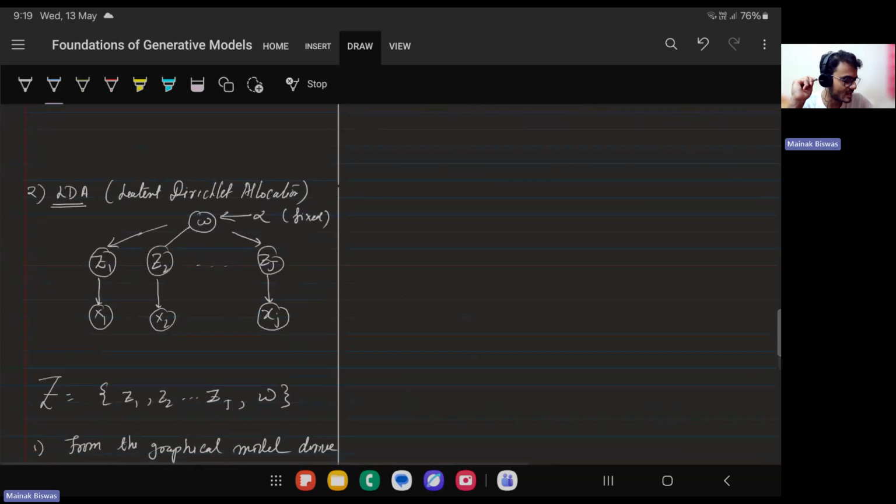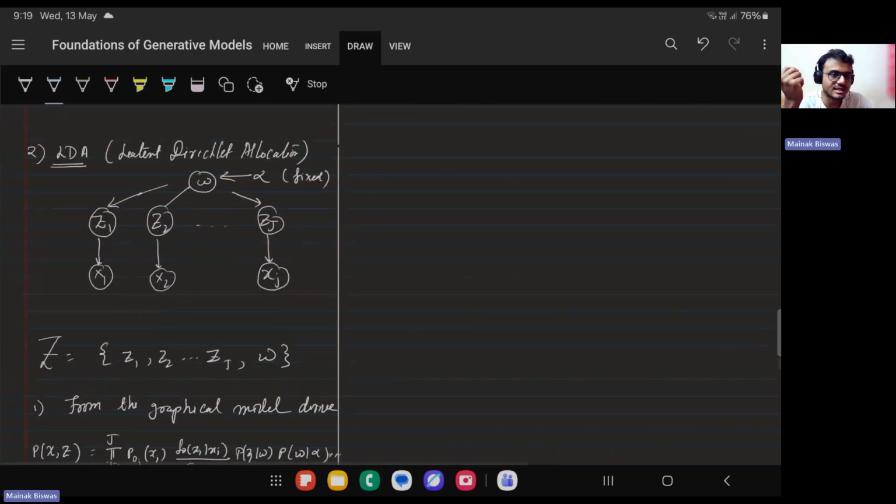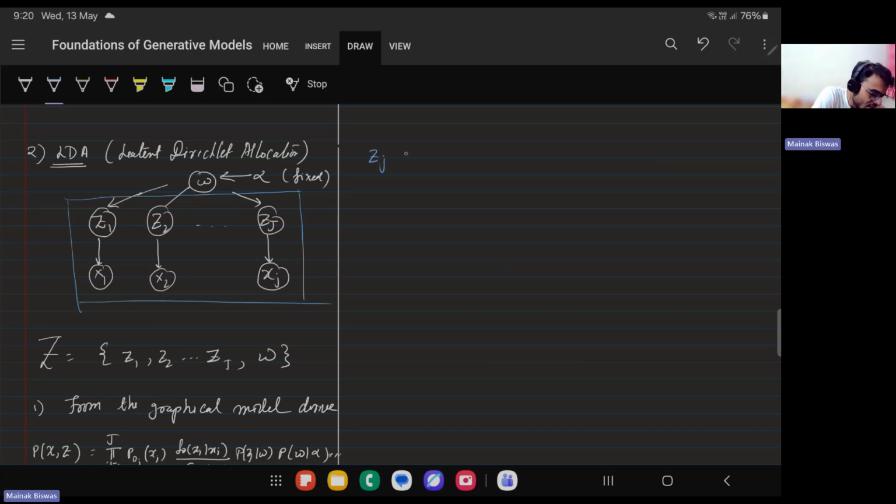So now let us take the last example, the latent Dirichlet allocation, where we will try to say that, again, as I was saying, each of these latents explain the data, right? And we will see that the Zj is again a categorical distribution, right? And given omega, this is given by omega k.